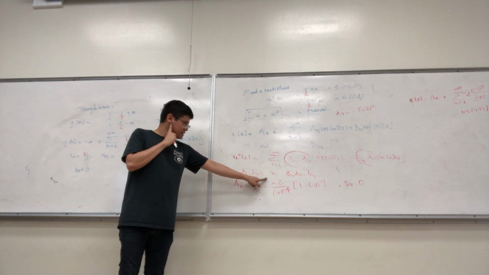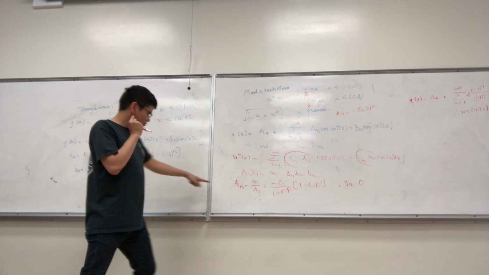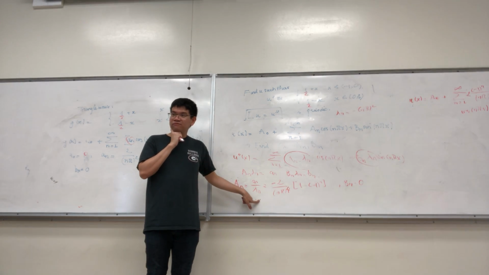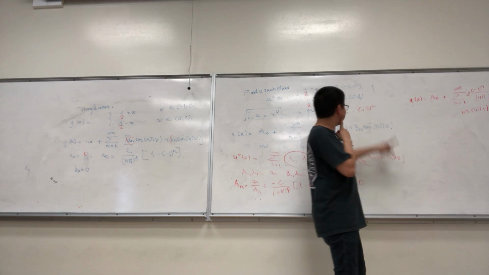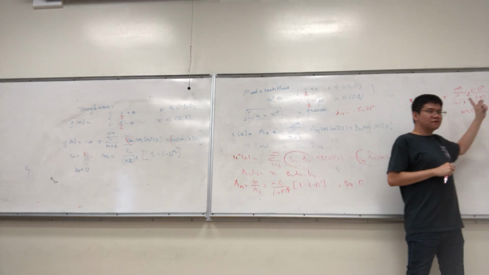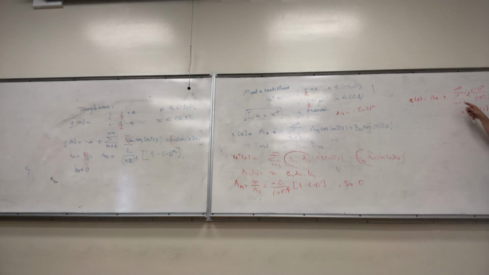Now, an is given here, so you have an explicit form for the capital An. Right? So now you plug everything back into this formula, you get A0 plus the sum when n is going from 1 to infinity of 1 minus minus 1 to the n minus 1 over n pi to the power 4 of cosine n pi x.